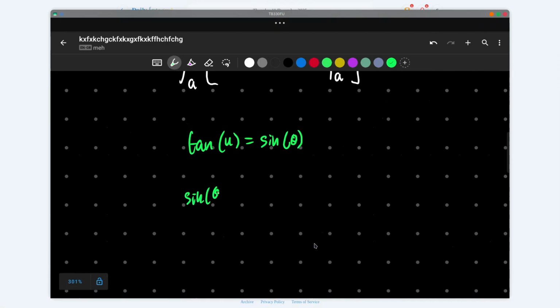Sine pi over 4, okay. So then we get u equals arctan of 1 over root 2, which is not a nice number, I don't think. 1 over root 2. Yeah, that's terrible.